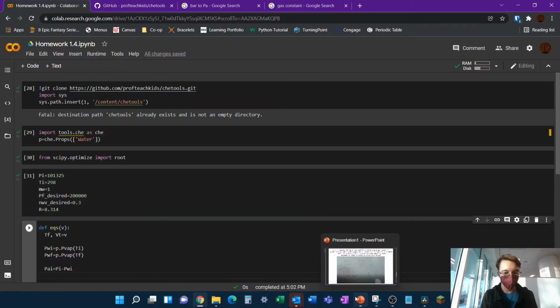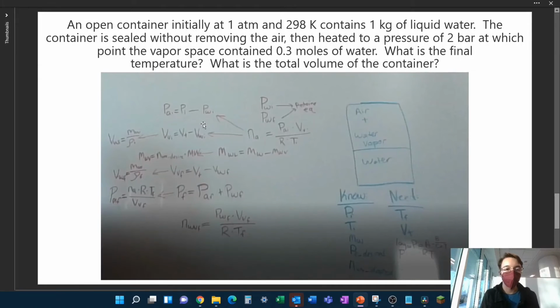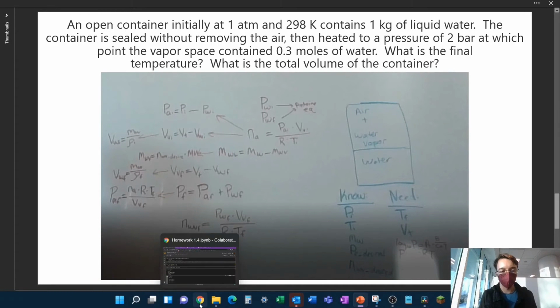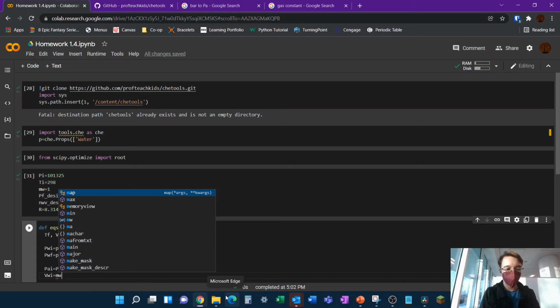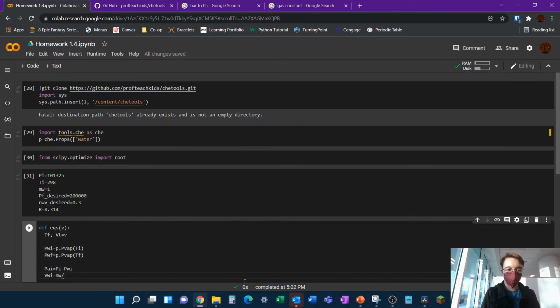The next thing we have is that we're going to need to do these ones before we get to this moles of air over here. So the volume of water initial is equal to the mass of water over the density. So the volume of water initial is going to be equal to the mass of water divided by the density, and we're again going to use this library I imported earlier, so it's going to be P dot rho L, the density of the liquid, at our initial temperature.